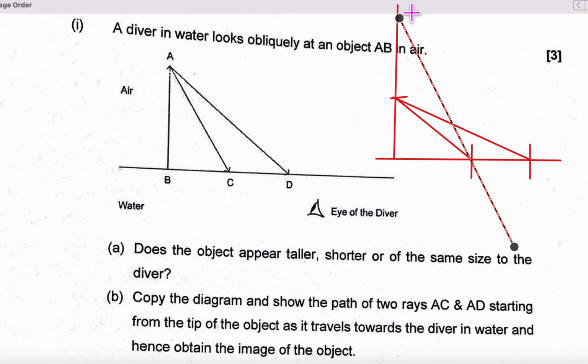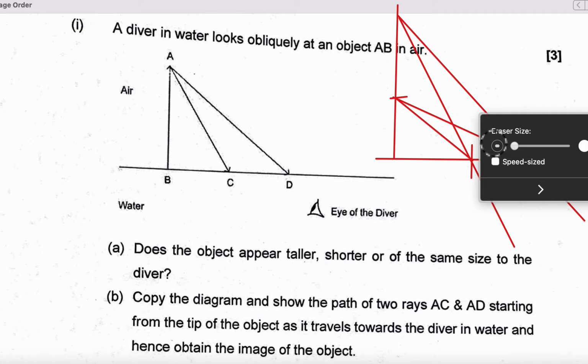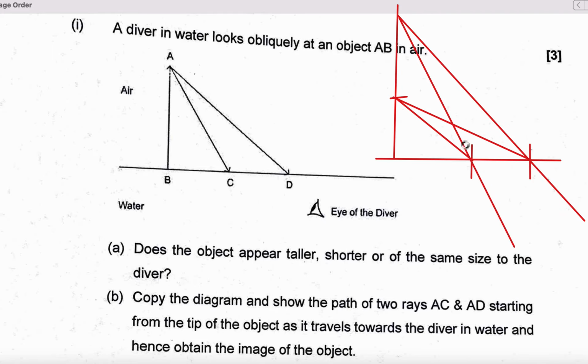Now when you are drawing this, draw this dashed and then this straight. Then from the same point take this part, which will be dashed. This is how I will show dashed, because I cannot do dash dash dash.